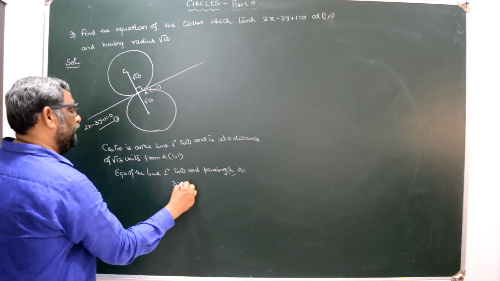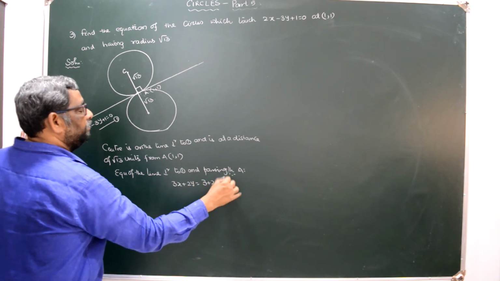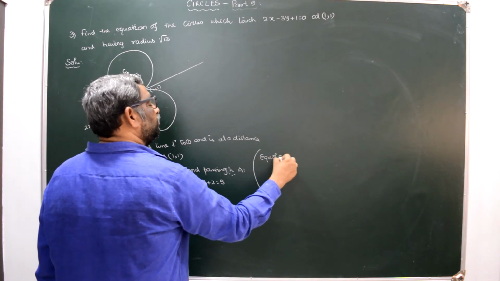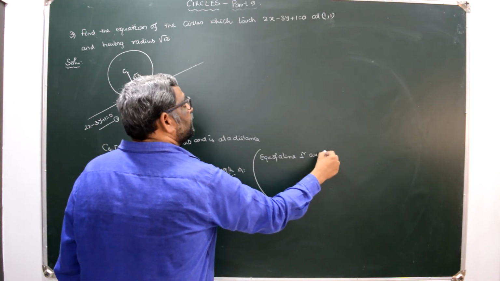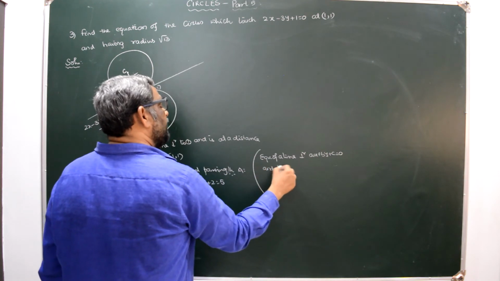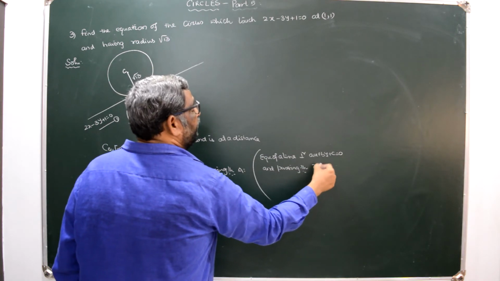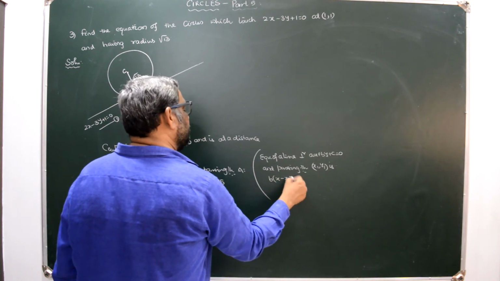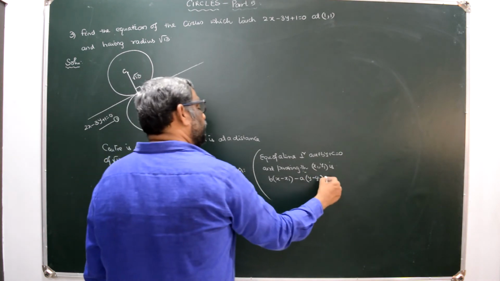3x plus 2y is equal to 3 plus 2 is equal to 5. We can have a formula here. Equation of a line perpendicular to ax plus by plus c equal to 0 and passing through x1, y1 is b into (x minus x1) minus a into (y minus y1) is equal to 0.